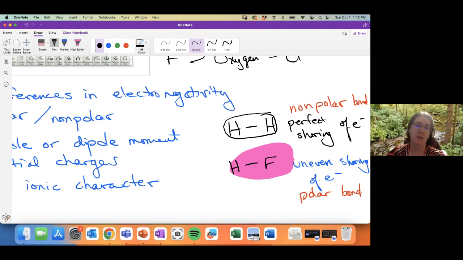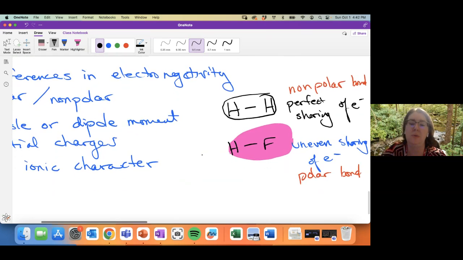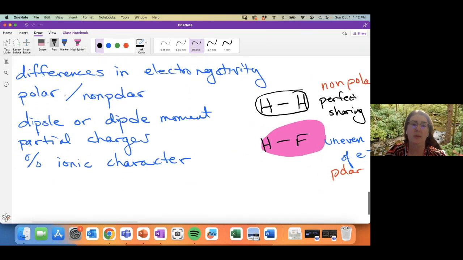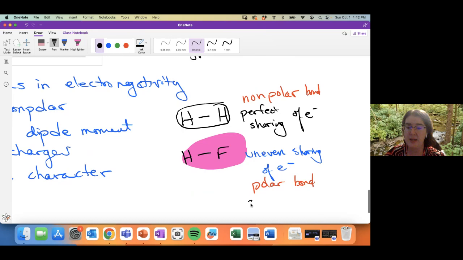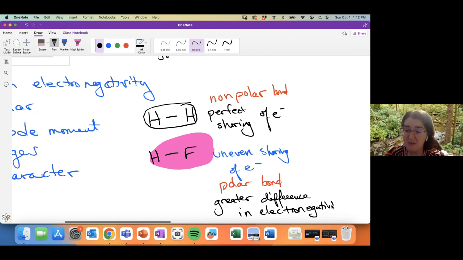Some other terms we can use. We could use things like greatest or least difference in electronegativity. A polar bond is going to have a greater difference in electronegativity. My fluorine is very electronegative. My hydrogen is not very electronegative.